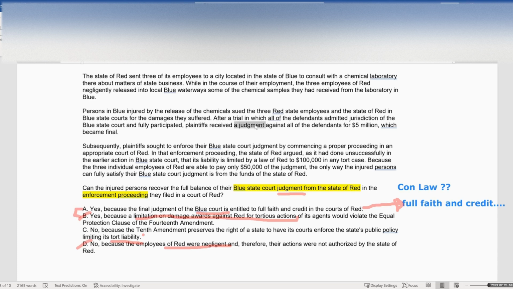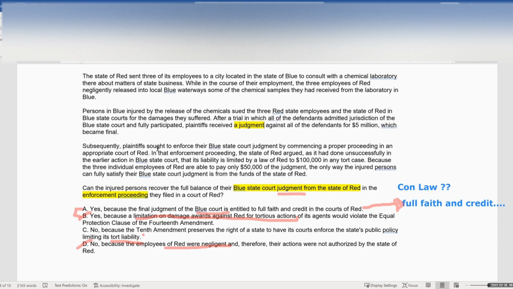So they really have, as we suspected, resolved the tort itself, the negligence, and we know that there's a judgment, so we don't need to worry about the negligence aspect of it, which confirms that eliminating answer choice D is correct.